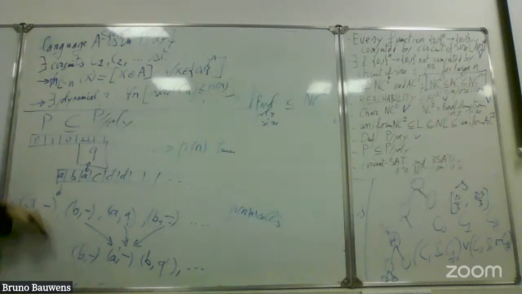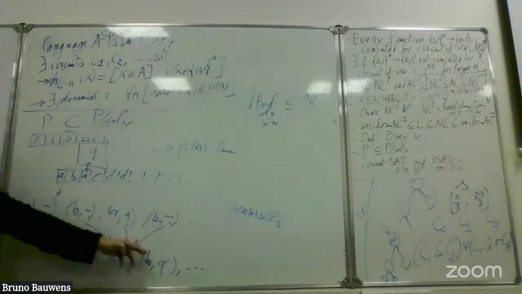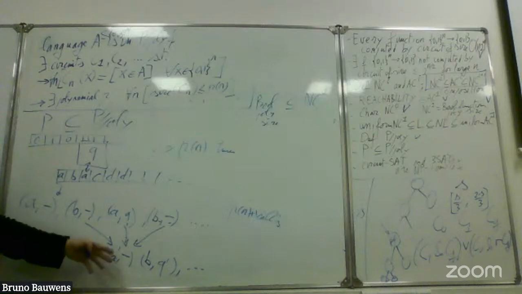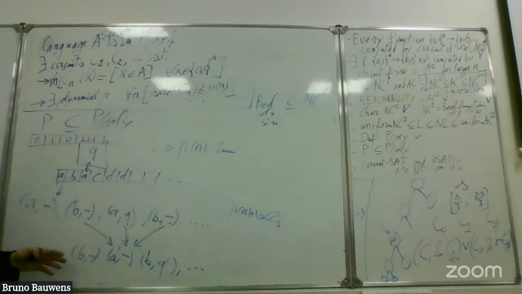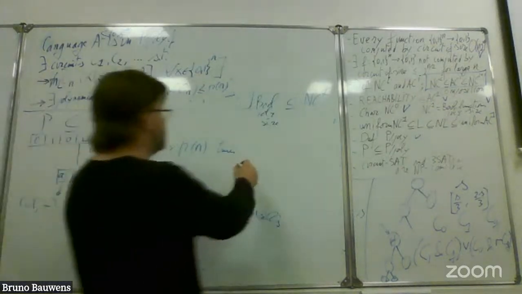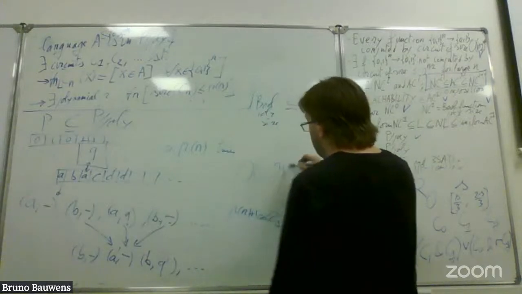Then we run the computation, and then we check with an AC0 circuit whether an accept state appeared somewhere in the computation. That is also a constant depth AC0 circuit. And so when we combine all this, we have a circuit, and I claim that the circuit is of size order P of n squared.